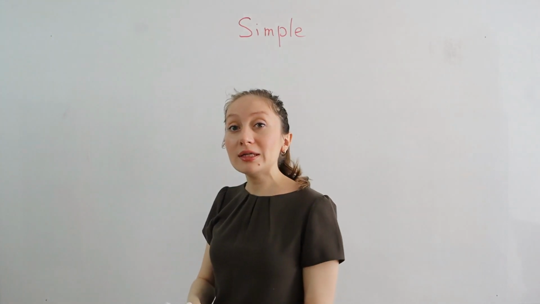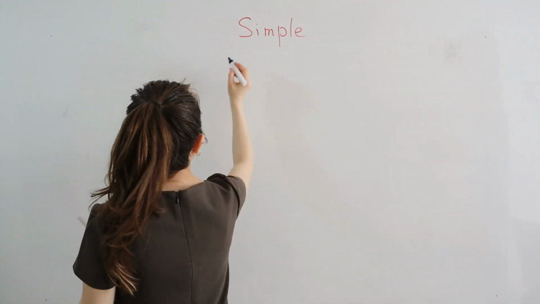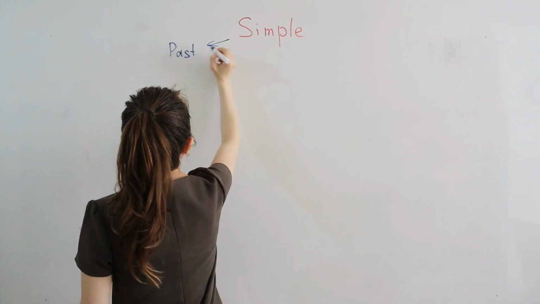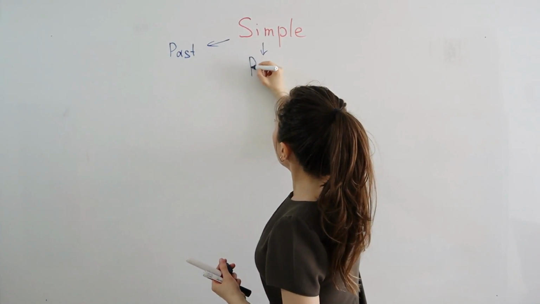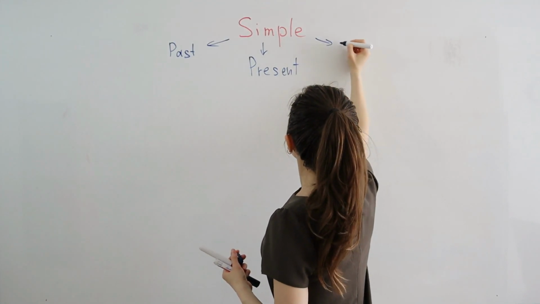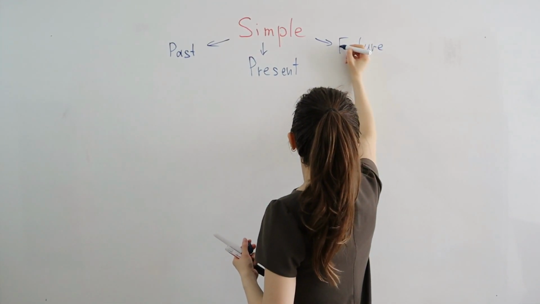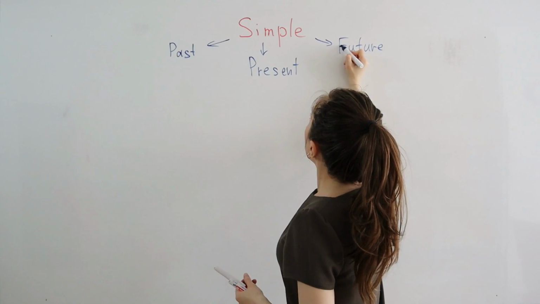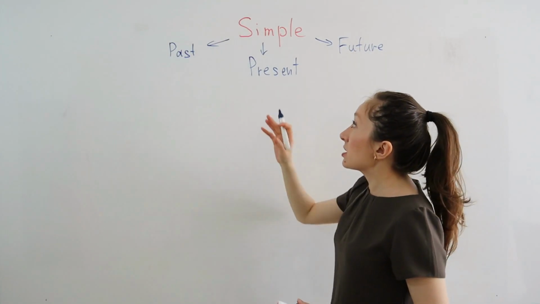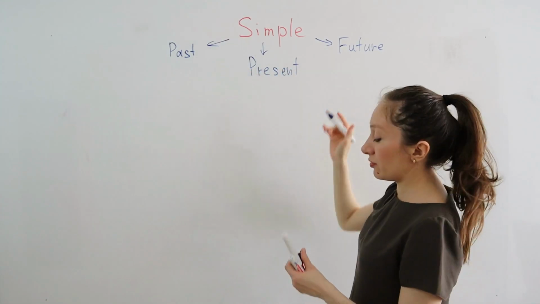And as usual, all the tenses in English, they have 3 time zones. For example, simple tense has past, it has present, and it has future. So you see that we can speak about anything using simple tense. We can speak about past, we can speak about present and future.